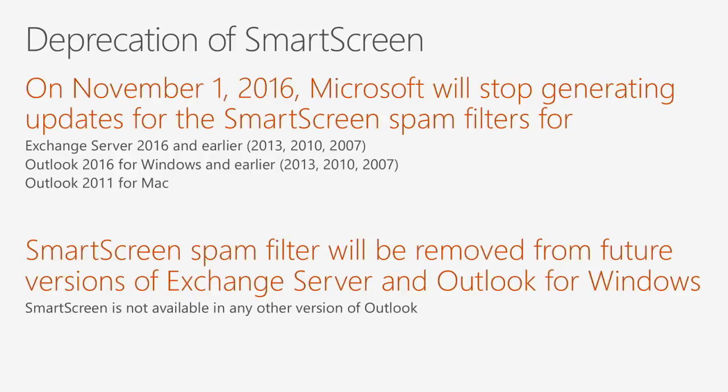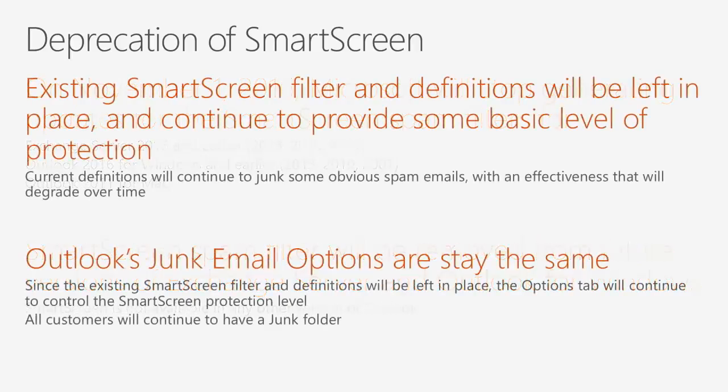Until then, we're not going to have definitions out there anymore, and so what that means is the existing ones are going to be left in place, and they will continue to provide some level of protection, but that protection is going to diminish increasingly over time as they'll be frozen. Outlook's junk email options are not changing. Those are still going to be the same, so all the behaviors that you're used to there will still be there.